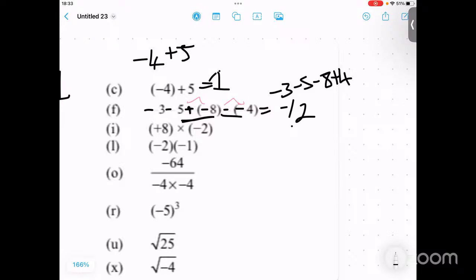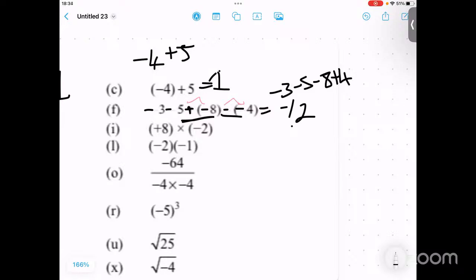So we now have -3 -5 -8 and +4, and you can work the whole thing together.